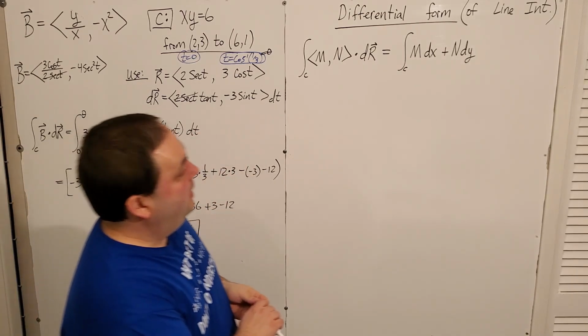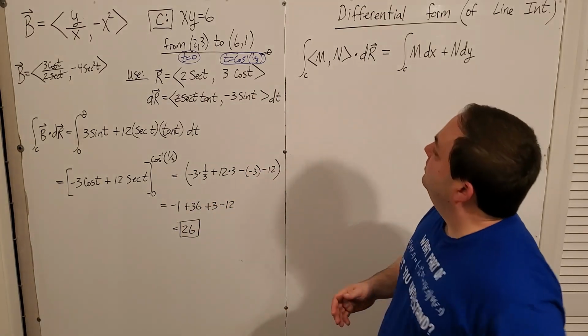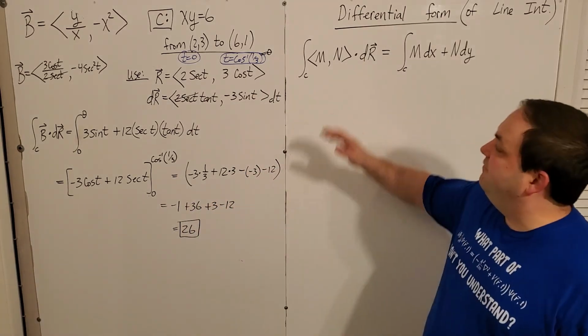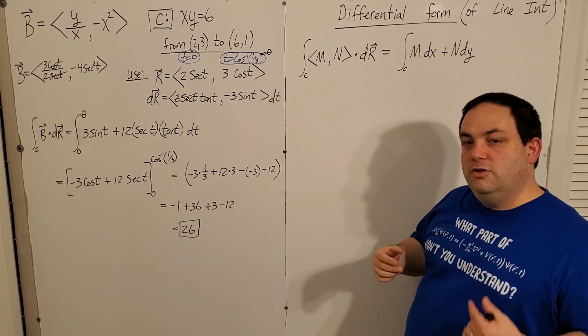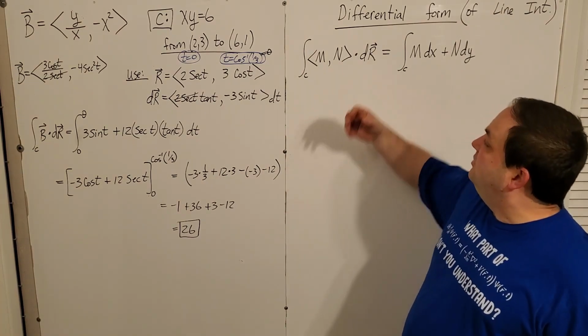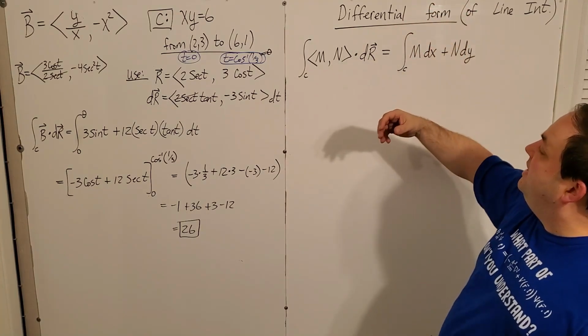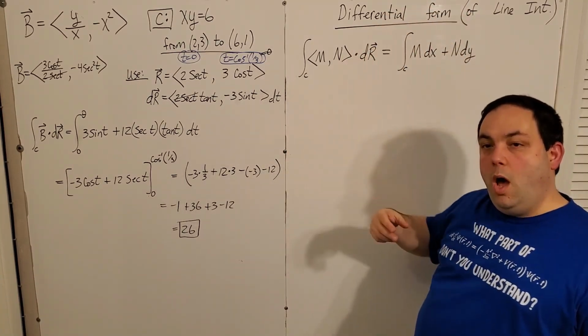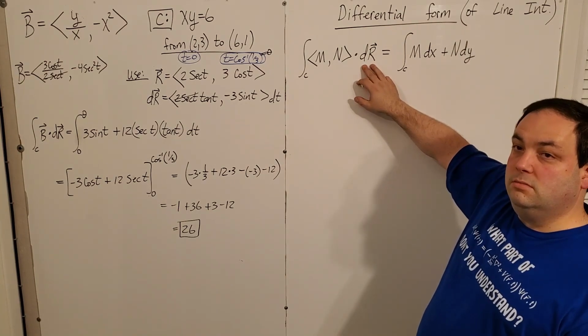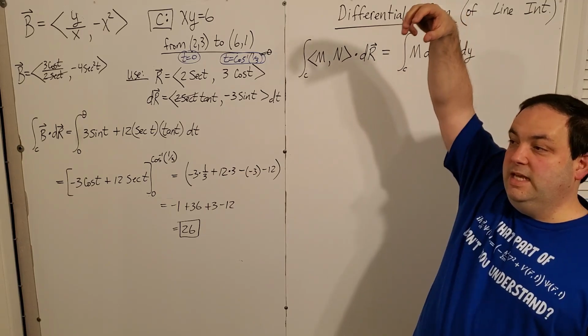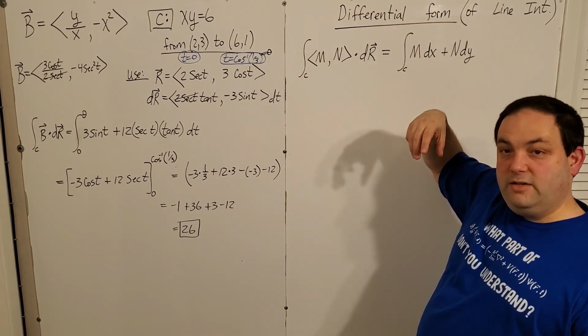Okay, so here's another thing that can come up here. If you happen to have a vector field and you're dotting it with dr, don't forget that dr is just made up of the composite pieces of dx and dy in vector form, right? This is a vector, and it's basically dx dy in vector form.